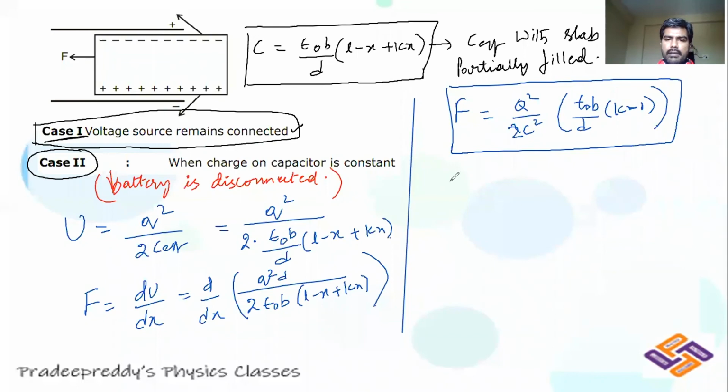This is the final expression, which can also be written as F is equal to Q square divided by 2C square into dC divided by dx.